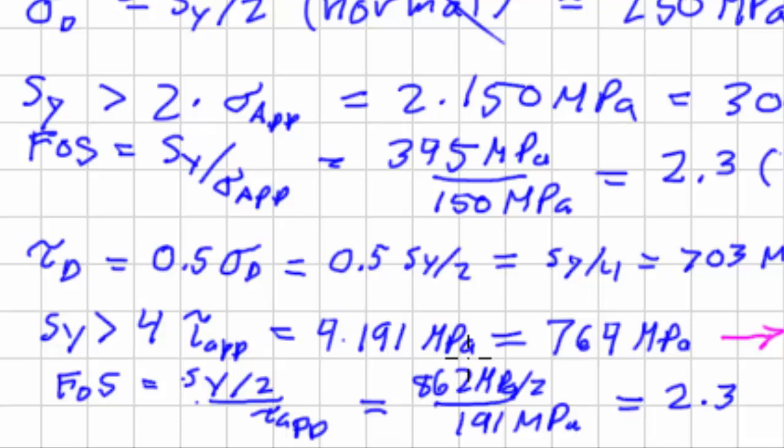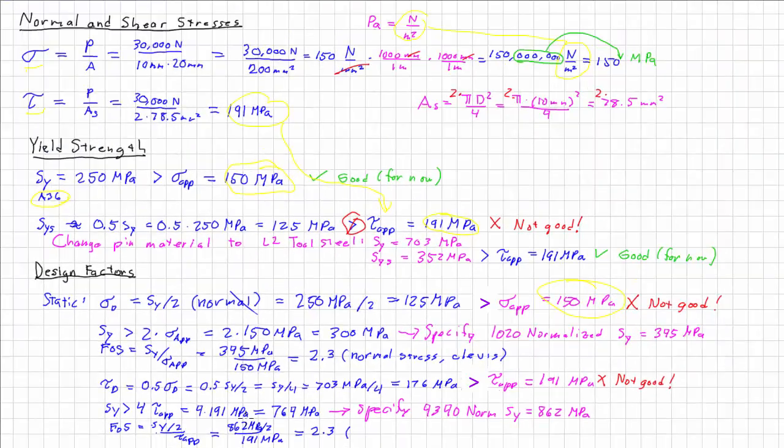So our factor of safety in shear is 2.3, and our factor of safety in normal is 2.3. Doesn't usually come out that way. Usually one's larger than the other, and your actual factor of safety is the smaller one. So this is for shear stress on the pin.